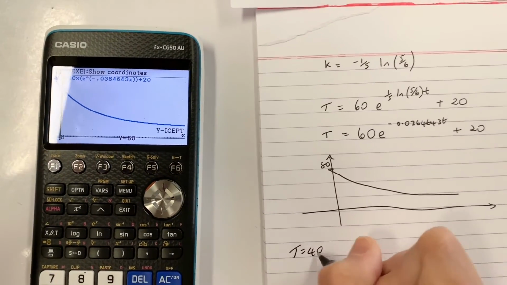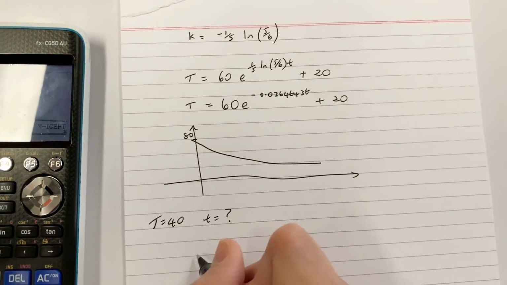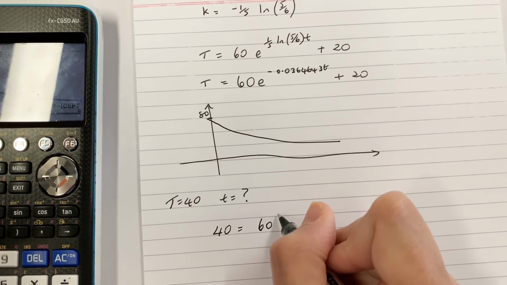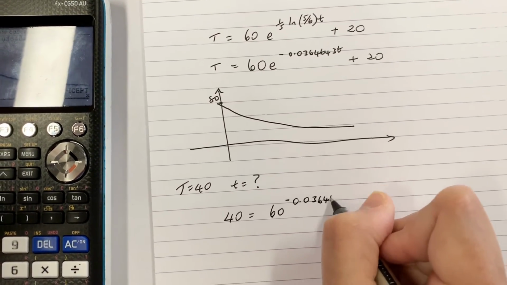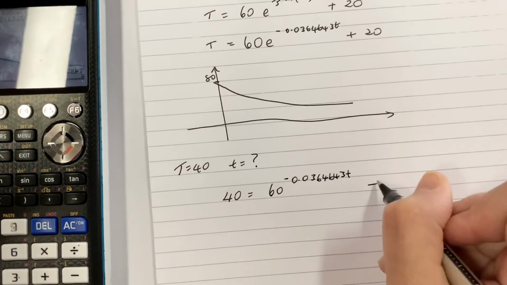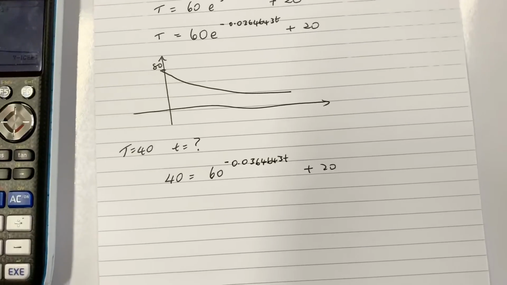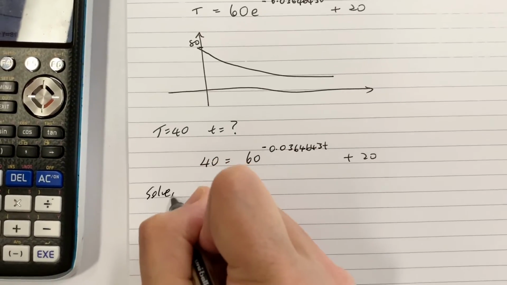So our last bit of a question here was, when will it be 40? So T equals 40, what does little t equal? Pop that in. 40 equals 60 e to the negative 0.0364643t plus 20. Now, of course, option here is, if you've got your graphic calculator, you could go solve.